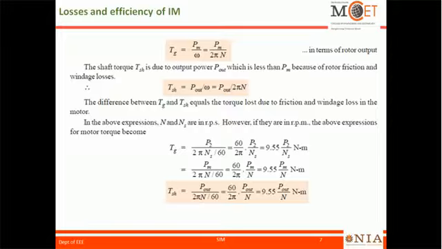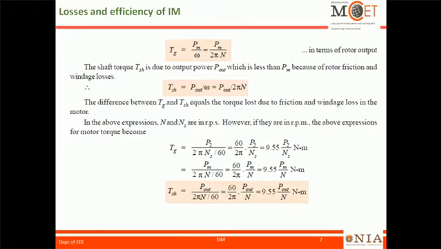The shaft torque TSH is due to the output power P out, so TSH will be written as P out by omega, P out by 2 pi n. So the difference between TG and TSH equals the torque lost due to friction and windage loss in the motor. TSH is at the end shaft, TG is the gross torque.